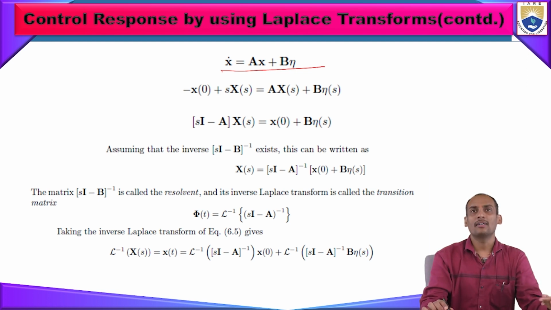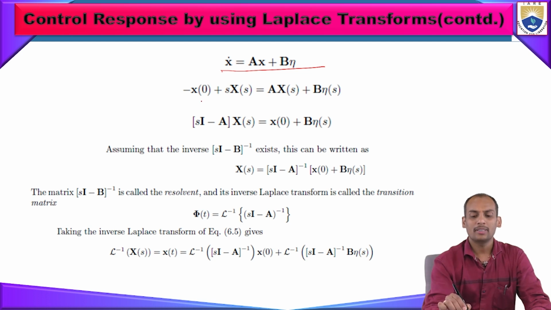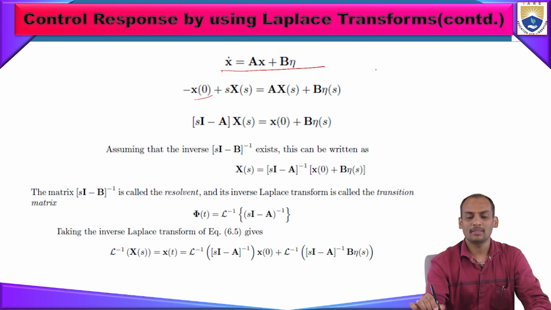If it is converted into a Laplace equation, how will it be? The x dot will be converted into s times x of s minus x of 0, that is the initial value, plus the other terms: a times x of s and b times eta of s.